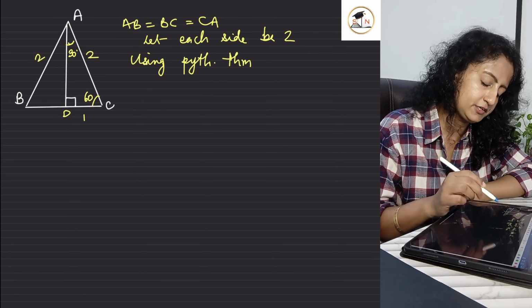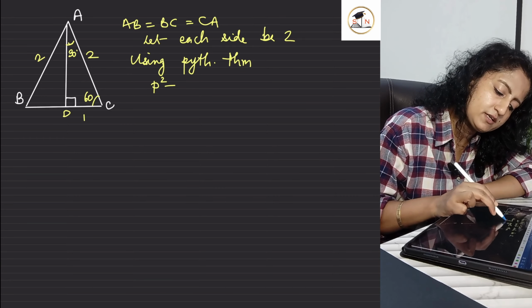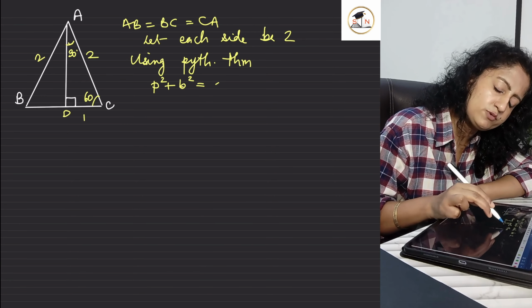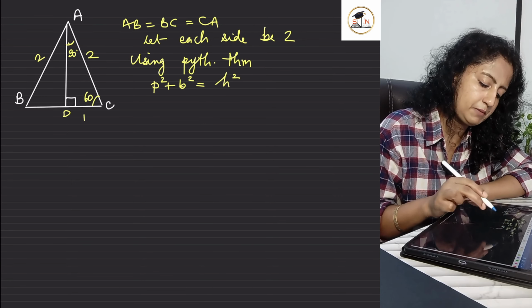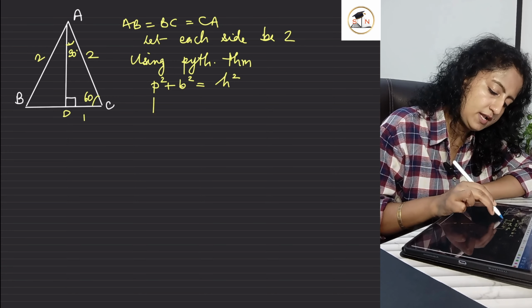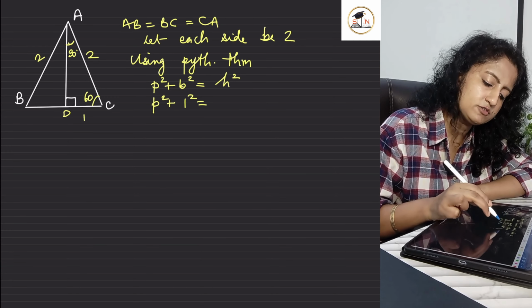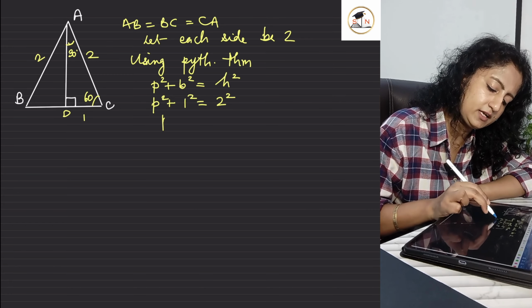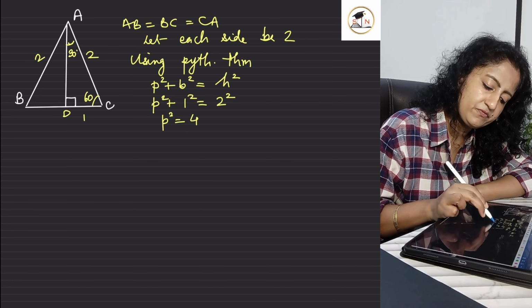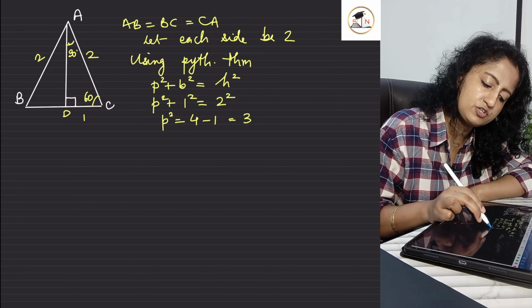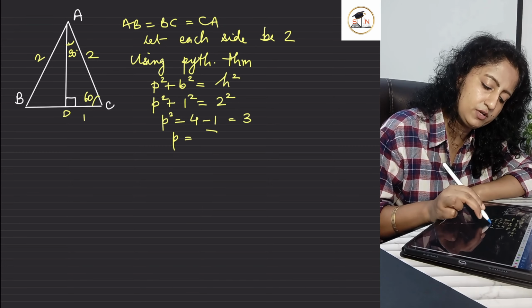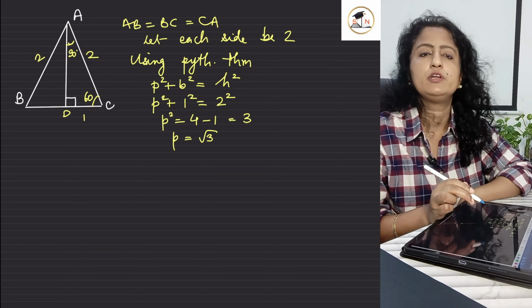So coming back to Pythagoras theorem, perpendicular square plus base square equals hypotenuse square. Here we do not have the perpendicular, so I'll just continue with P. Base is 1, hypotenuse is 2. So what we get? Perpendicular square equals 4 minus 1, which is 3, and therefore perpendicular comes out to be root 3, right?